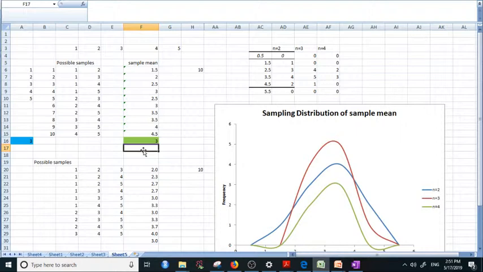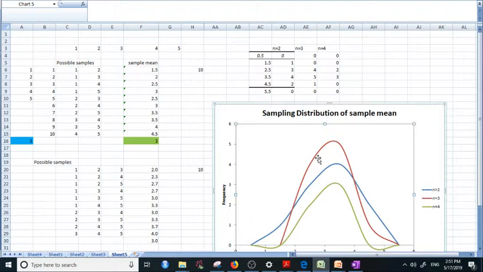Consistency property tells us that if we increase the sample size, the uncertainty in the estimation process reduces, or the variance of the sampling distribution reduces. So here the size of the sample is 2, and we have plotted the simple density function of the sample mean.